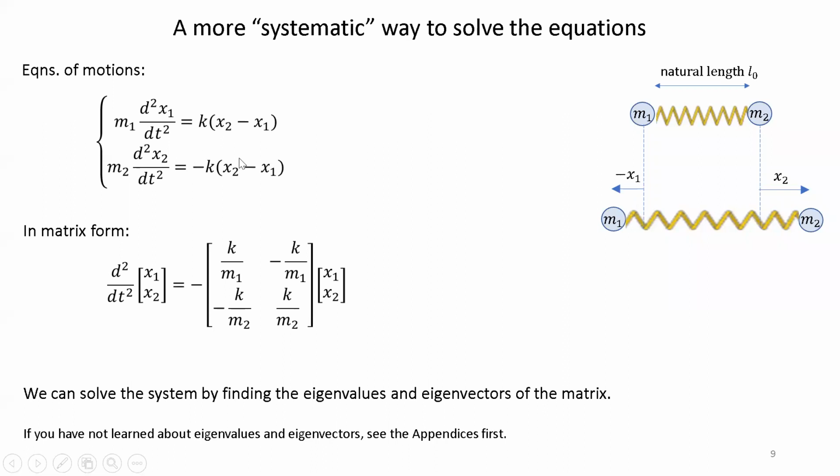These two are the equations of motion that we just obtained, and what we are going to do is write this system of equations in matrix form. You can see how these two equations are converted into this matrix vector product over here.